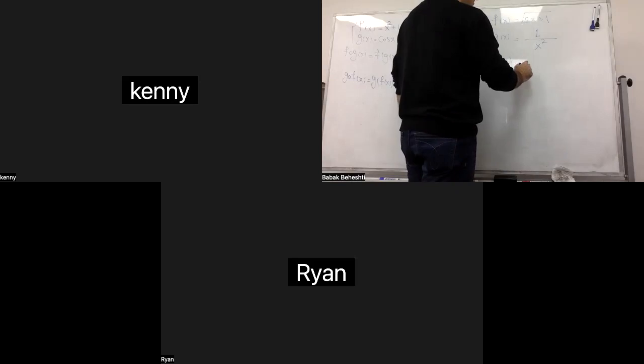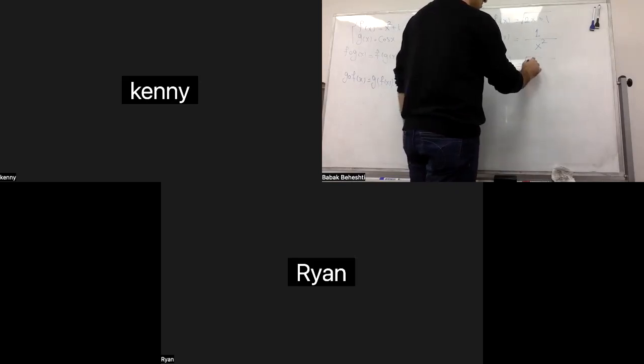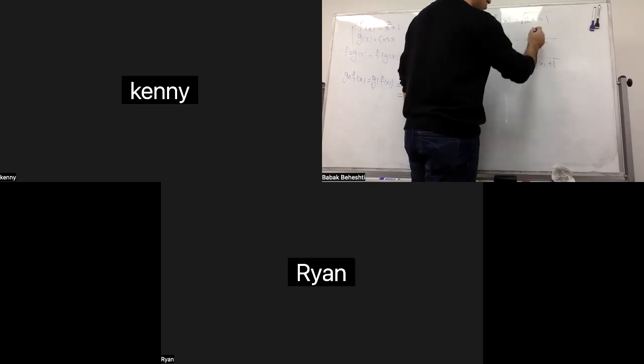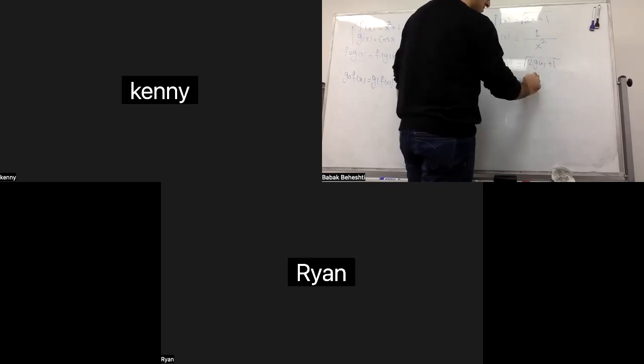So f of g is square root of 2 times g plus 1, which is equal to square root of 2 times g. g is 1 over x squared, so it's 2 over x squared plus 1.